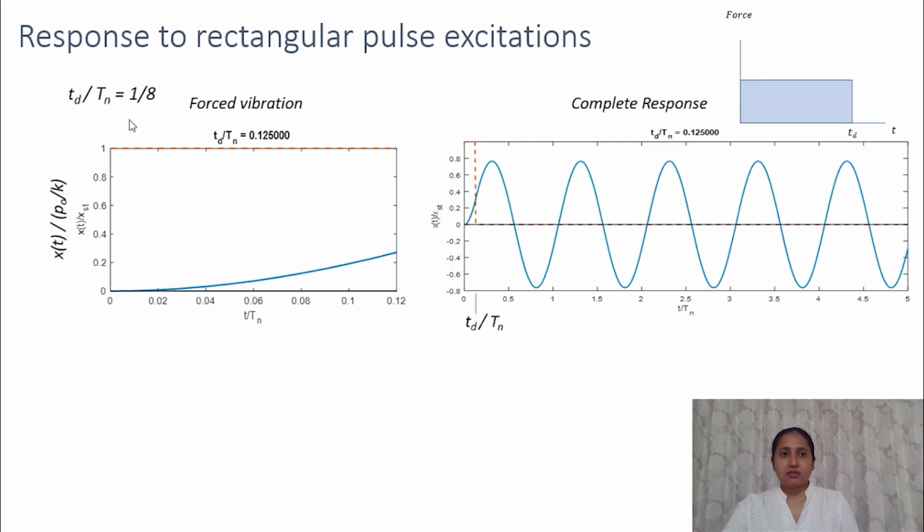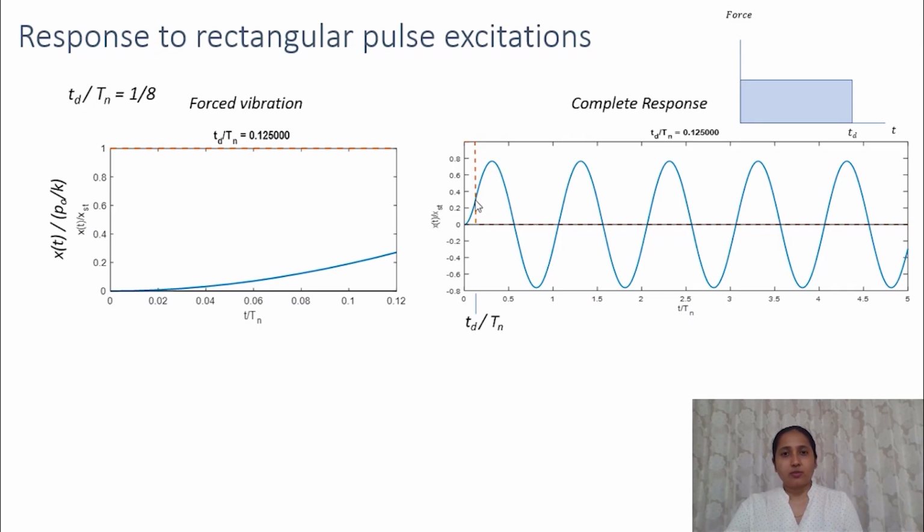In this case, when td by tn is equal to 1 by 8, the duration of the pulse is very short, and during the pulse, that is when forced vibration is happening, the amplitude of the response is very low compared to the static response. So this dynamic response is very low. But during the free vibration phase, this is having a higher amplitude.